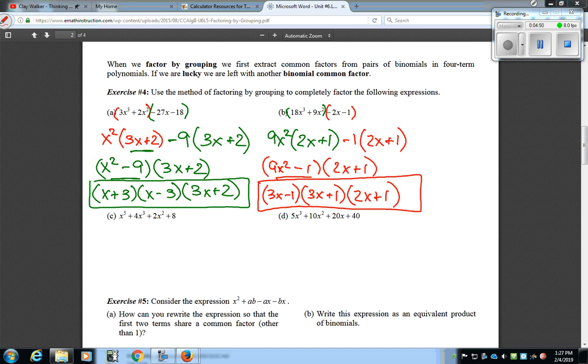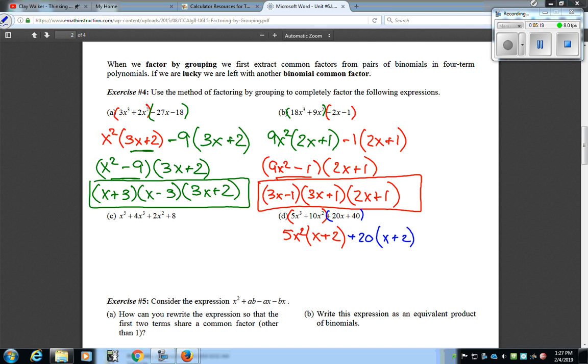Now, not all the time are you going to have a difference of perfect squares for these, so it's something to look out for. If you look at one other one like D, I can take out a 5x squared for these first two terms, and then I'm left with x plus 2. Similarly, for the last two terms, it looks like I can take out a 20, and then I have x plus 2.